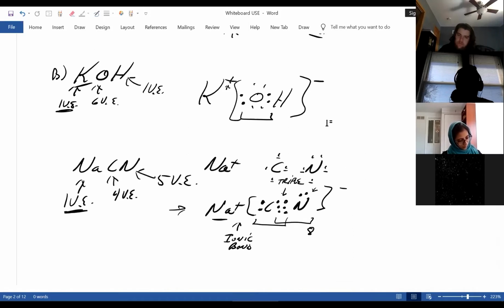What if they were on top of the carbon? Does it matter where they're placed? Yes, it does. When you have multiple bonds, you put them between the atoms that are sharing those electrons. So if you were to write something like this, tell me if this is the way you were talking about.